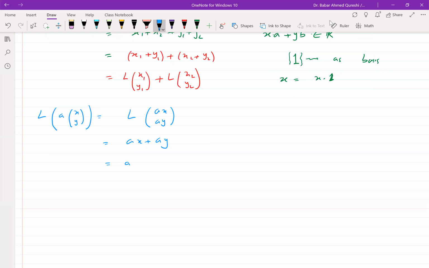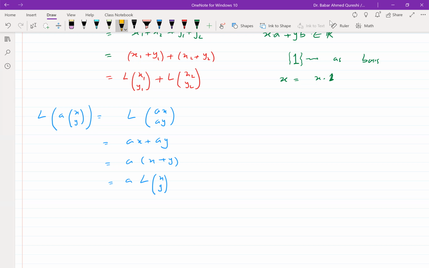This is just a times, I can take a common, and this is just a times L of xy. So the scaling also holds. So it's a linear transformation.